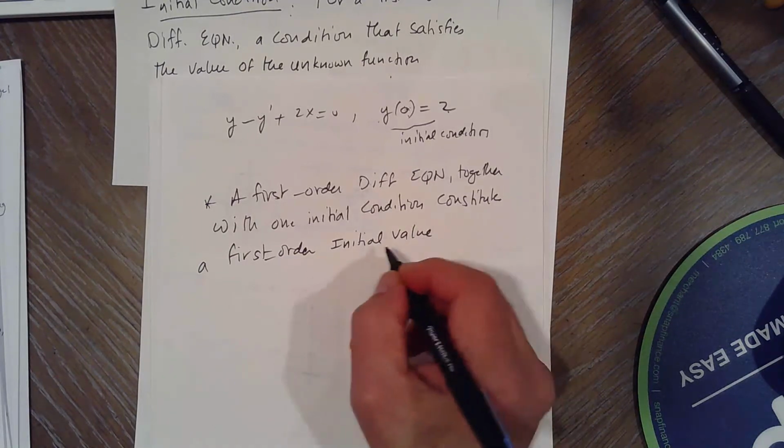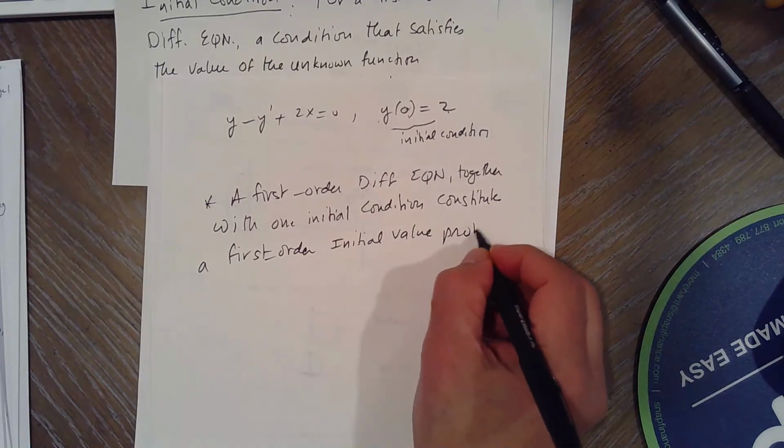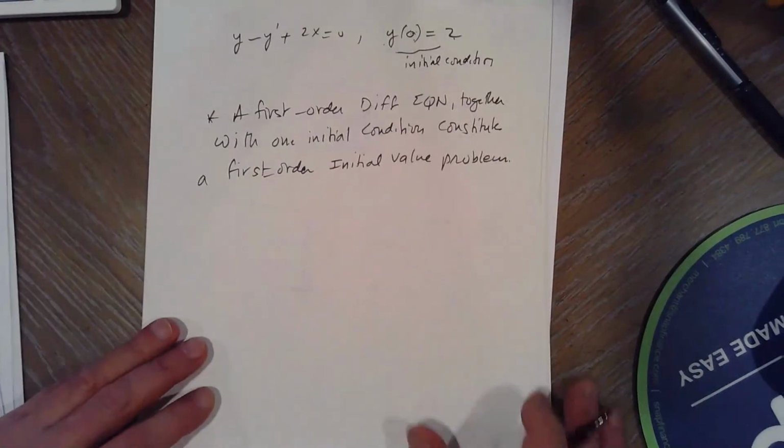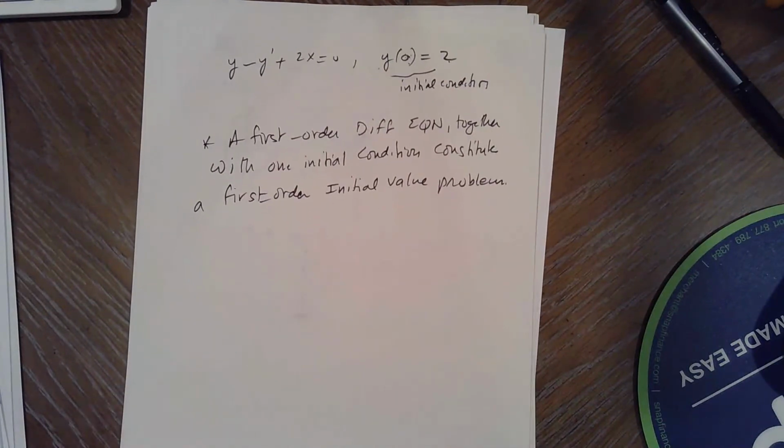So when they say a first order initial value problem, it means we have a first order differential equation with an initial value.